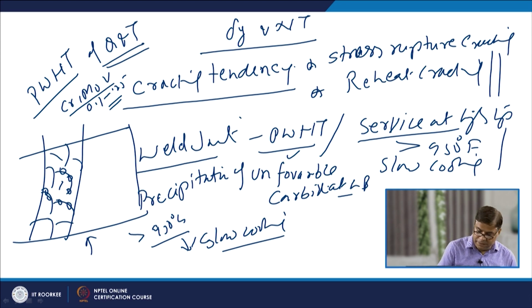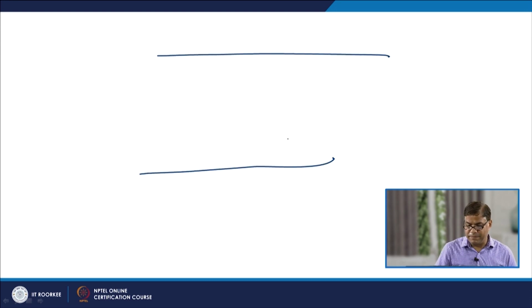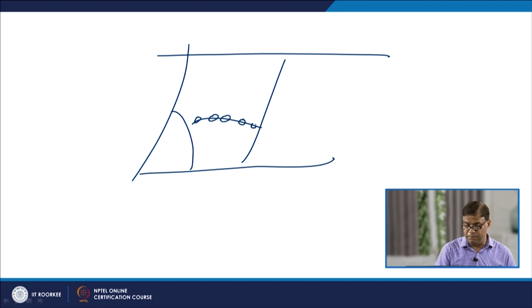Basically, since this kind of precipitation takes place at the grain boundary, like say this is the heat affected zone and here precipitation has taken place at the grain boundary, the grain boundary area is weakened.